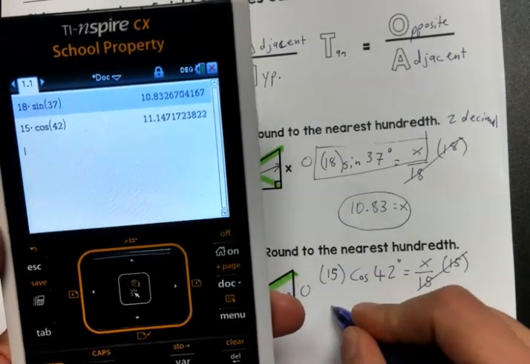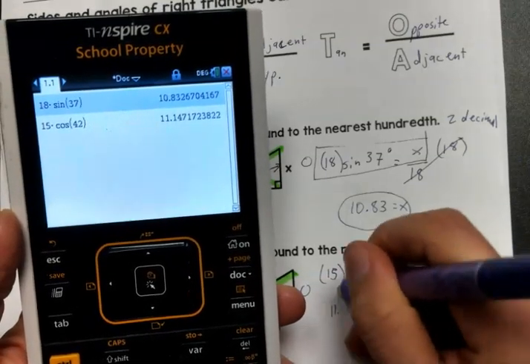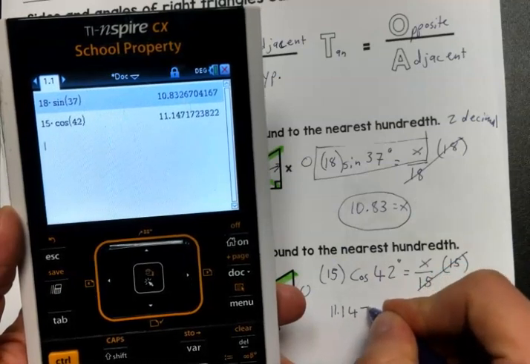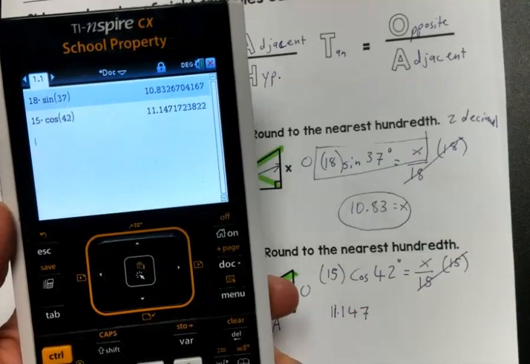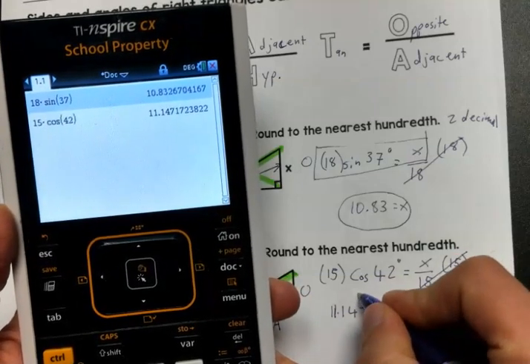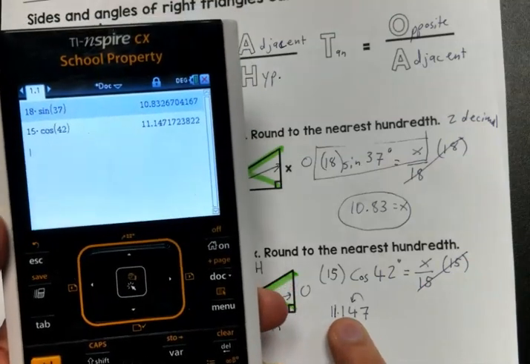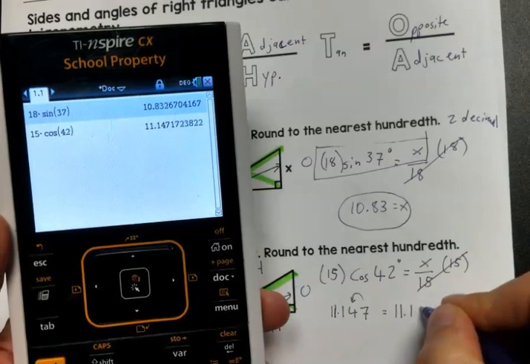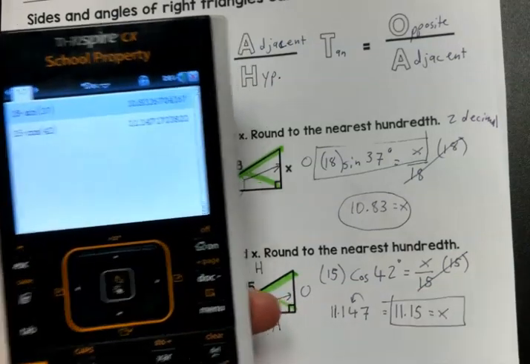Okay, so 11.147. Nearest hundredth means 2 decimal places. So this 7 is big enough to push that 4 up. So I'm going to go ahead and call that 11.15. That is what your x is equal to. Okay?